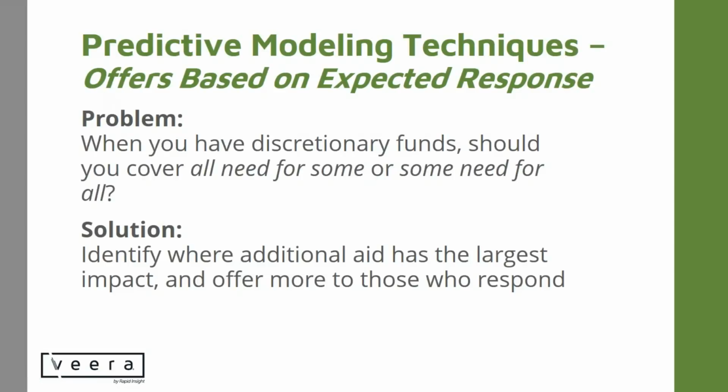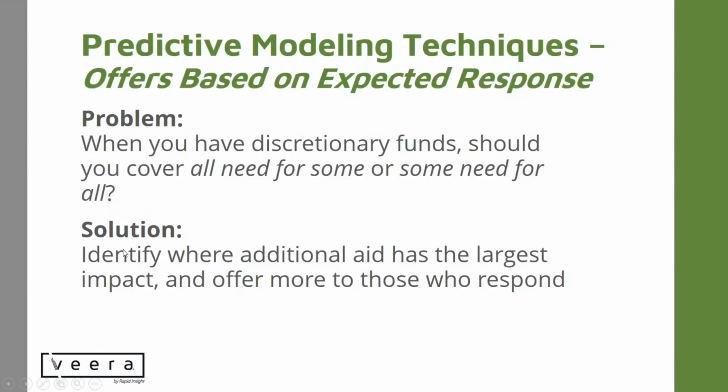And this is, from my perspective anyway, a little bit more interesting, because the problem was, when you have these discretionary funds, or you can increase a financial aid offer, the question was, and maybe you've all asked it before as well, do you increase the amount of funding you're offering uniformly for everybody, or do you increase it significantly for some? So do you cover all need for some, or do you cover some need for all?